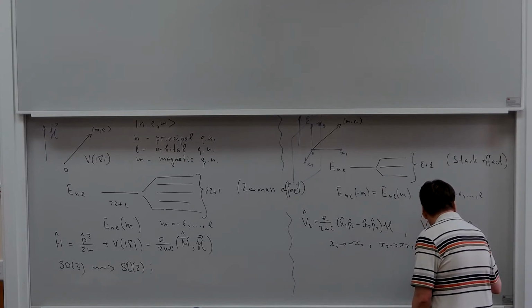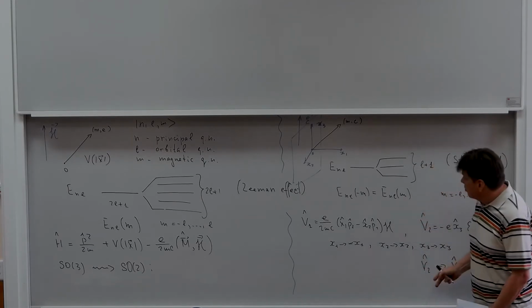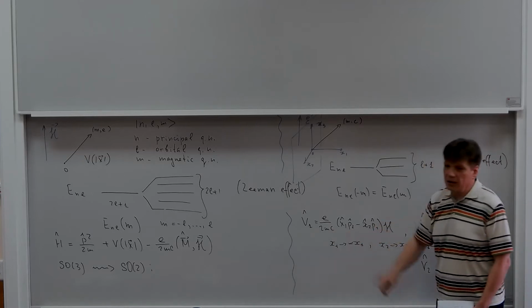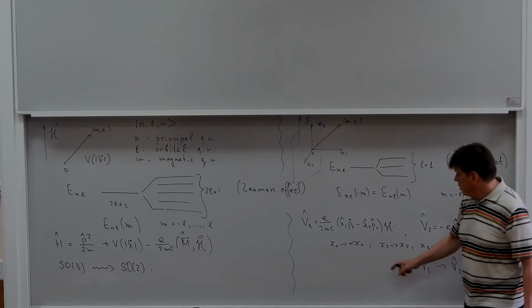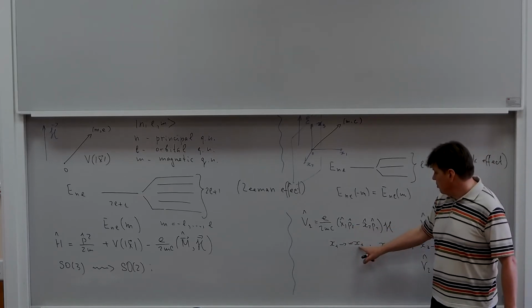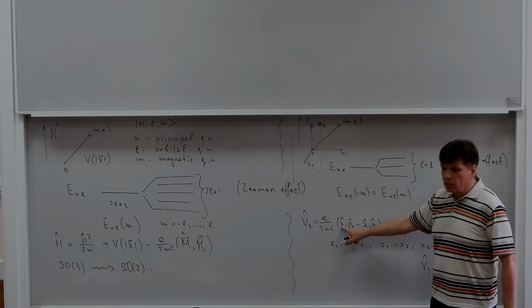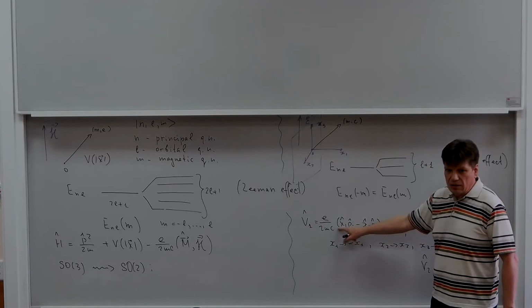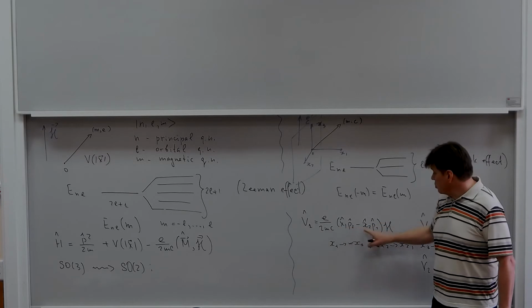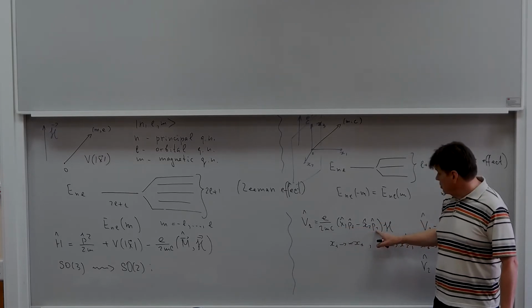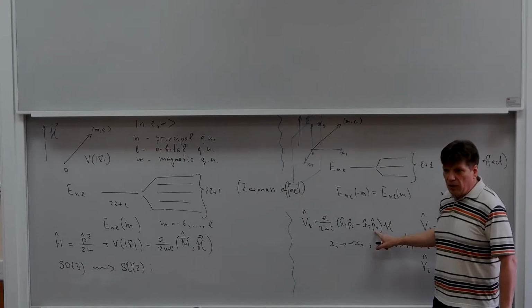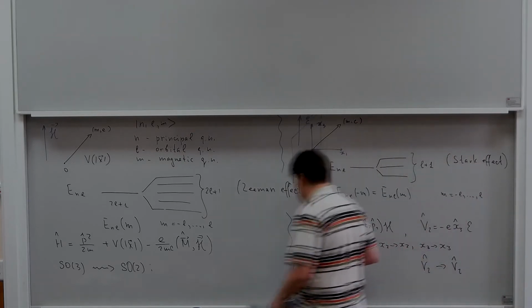So V2 goes to V2. And what about V1? Is it invariant or not? Well, when we change the sign of x1, the first term acquires a minus sign. And the same is true for the second term because of P1. What is P1?